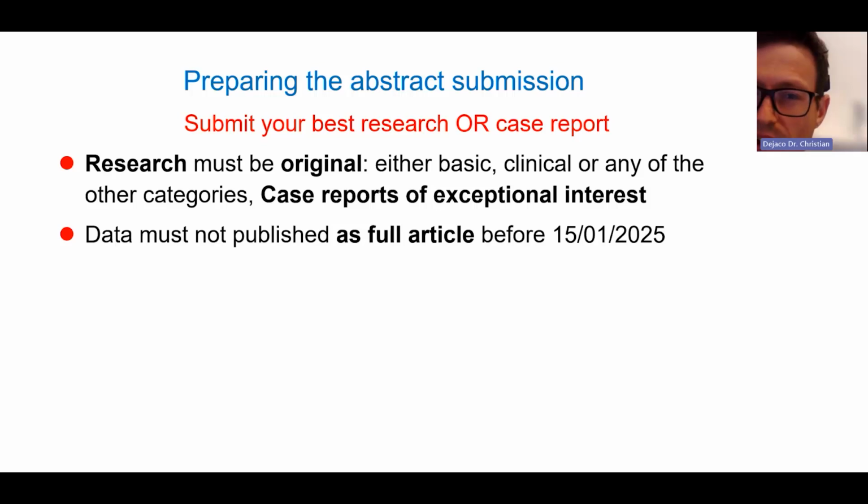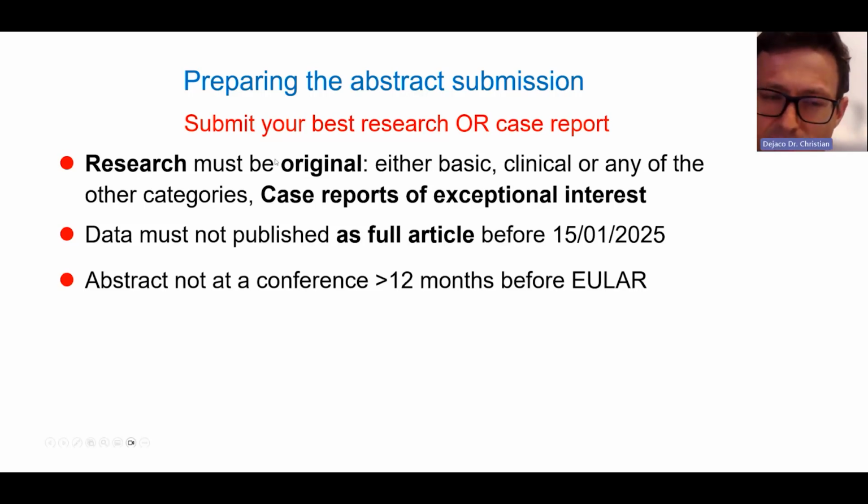But when they are accepted for publication as a full article, either in a print or an online journal, before the submission deadline, then you should not submit an abstract. This frequently creates a little bit of confusion, and we receive a lot of requests. So it's allowed to be published as an abstract, but not as a full article.